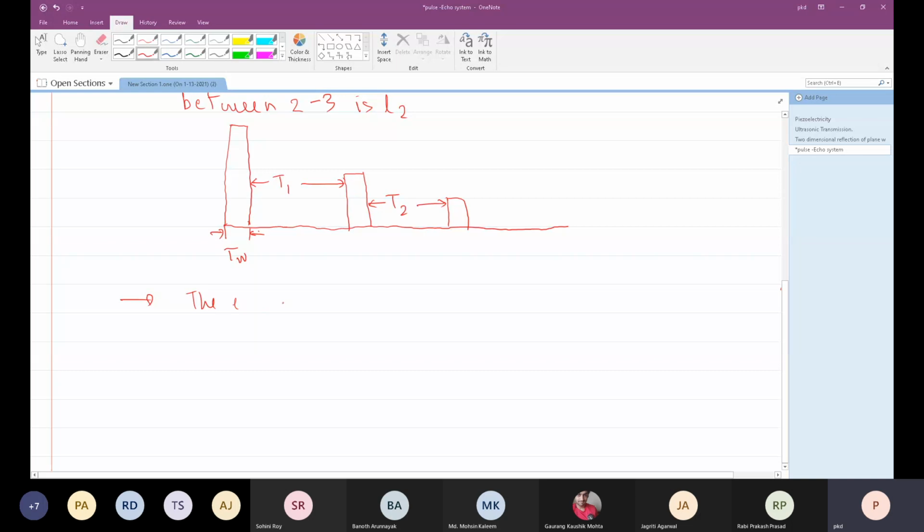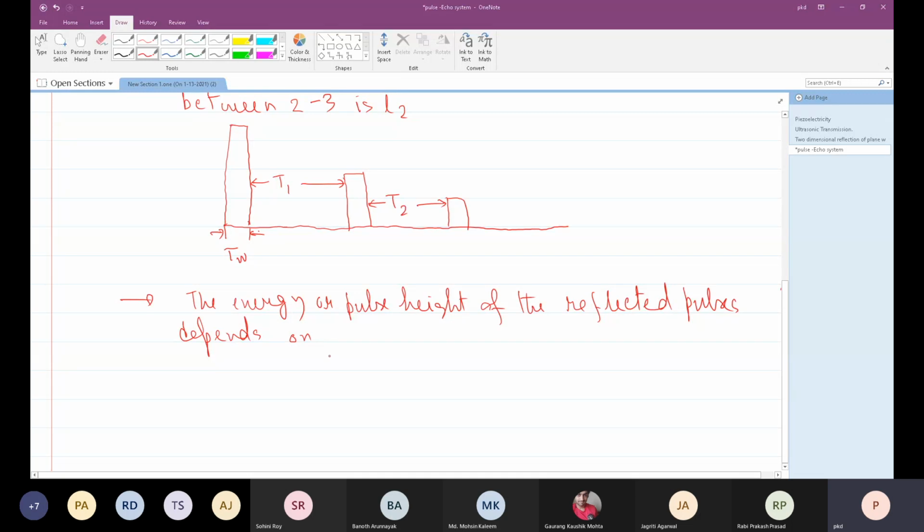The energy or pulse height of the reflected pulses depends on the reflection coefficient alpha.